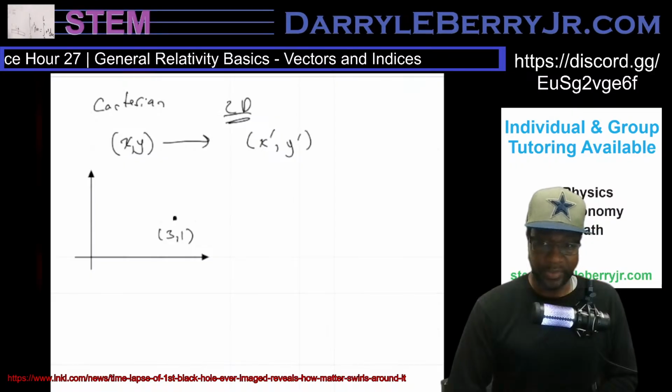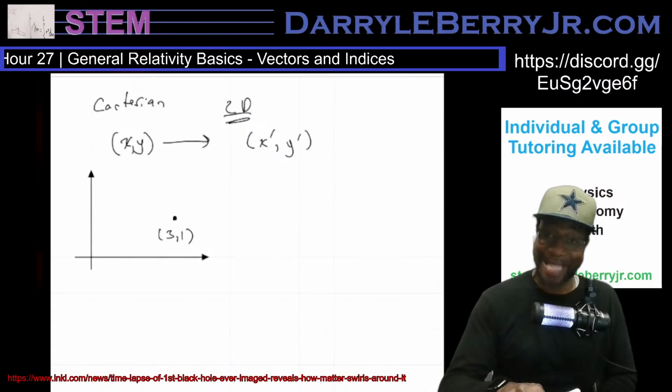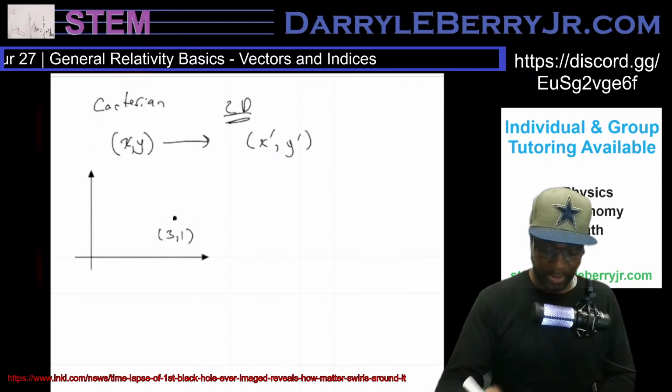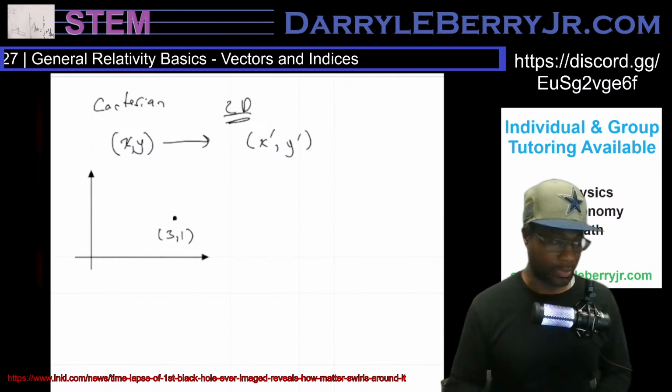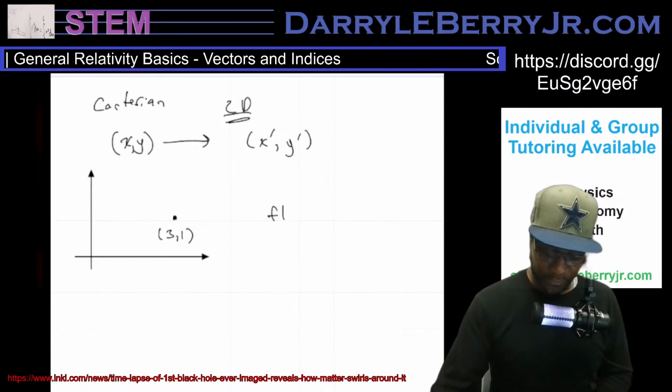With this very simple example, we'll be able to see the transformations and how it happens in general relativity with Einstein notation. So in the future, we'll be able to take this simple example and do a lot more complicated things, and you'll be able to follow it and see what's going on. So pay attention to this one today, and it'll make a lot more sense in the future.